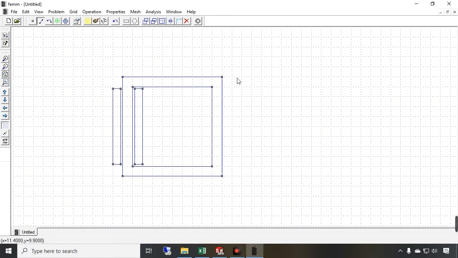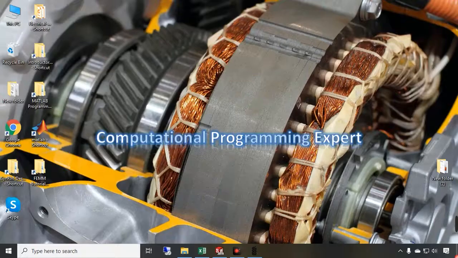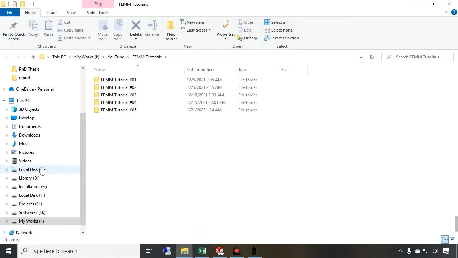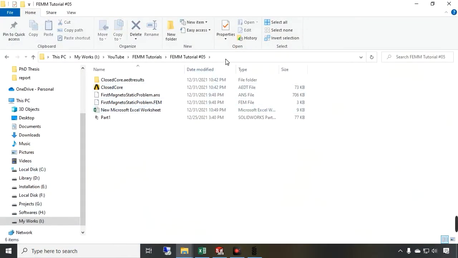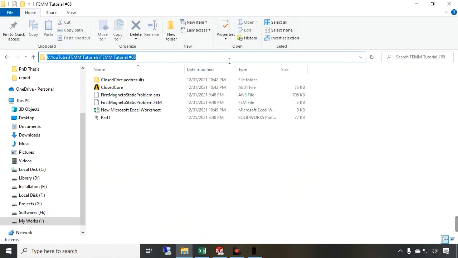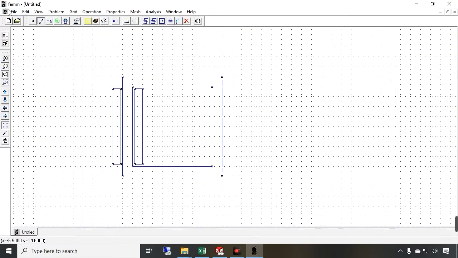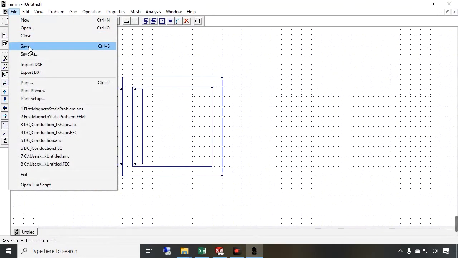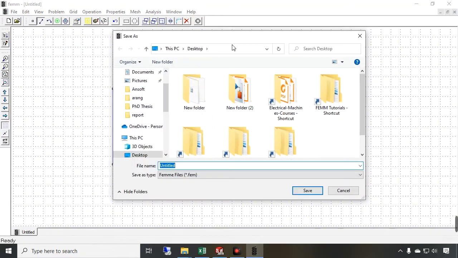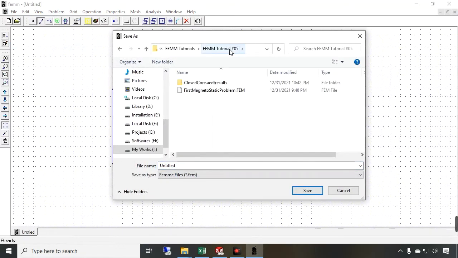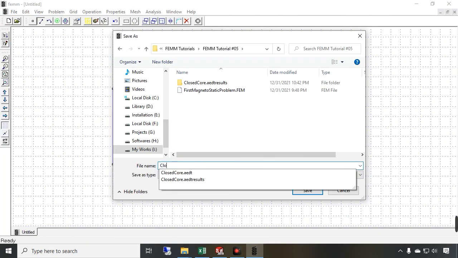So we created the 2 coil arms and closed iron yoke. Let me select this folder and this directory, save the project, this one, I write here closed core.